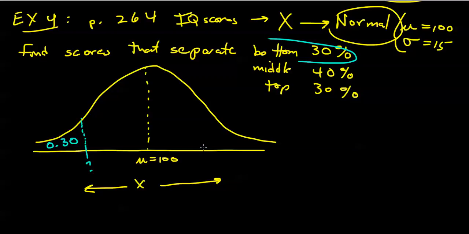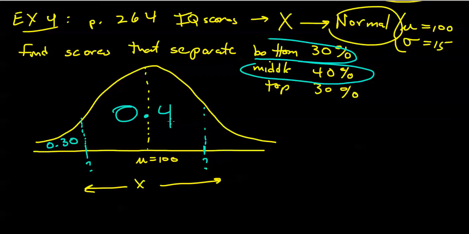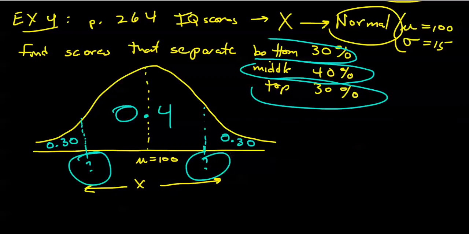Well, I'll put another value up here. Now, I want the probability of being in this middle range to be 0.4. I may be exaggerating for demonstration purposes. And this score will also cut off the top 30%, so that right area under the non-standard normal curve will be 0.3. So we're looking for two values here, here and here.